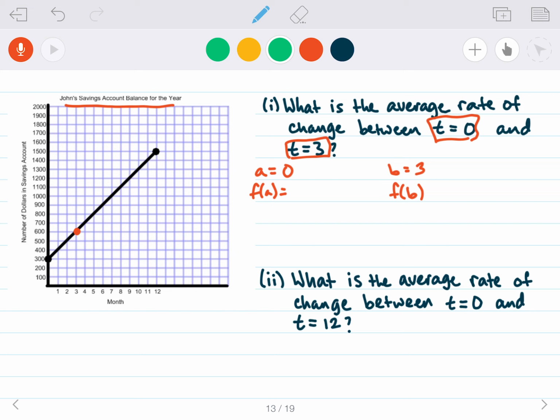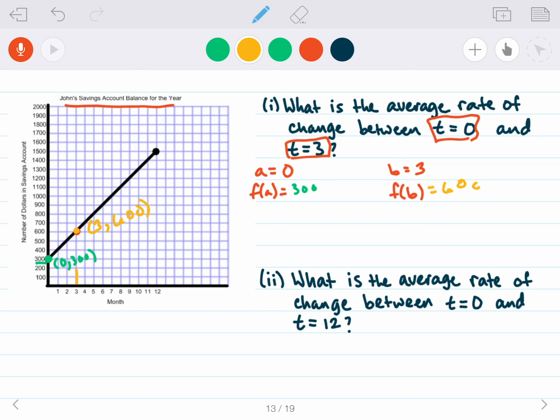So when our input is 0, our output is 300. So this is 0, 300. And what about our ending output? So when our input is 3, our output is 600. So the ordered pair here is 3, 600.